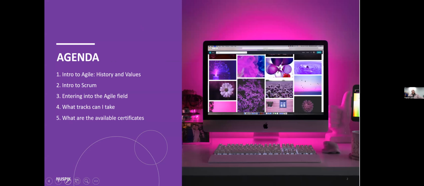So just a little bit about me. I started in Agile in 2009, and it was really early. Agile was not very well known, and I remember at the time there was always the question of what is Agile versus what is waterfall.